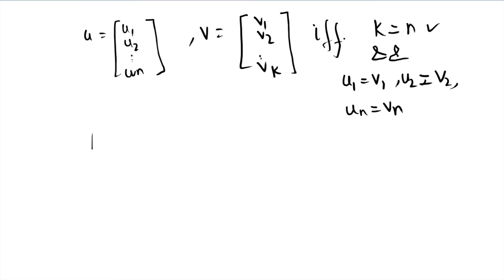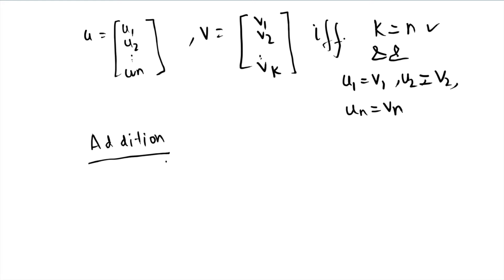Let's talk about addition. Addition of two vectors in higher dimensions is allowed only if the two vectors have the same number of dimensions. Also, addition works in the same way as for a two-dimensional vector.